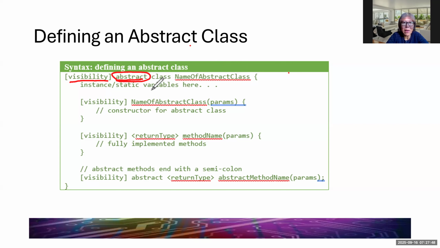And for the variables, you need to have the visibility, then instance or static variables. And then the constructor, same thing, visibility. And then the instance method, same thing, visibility.